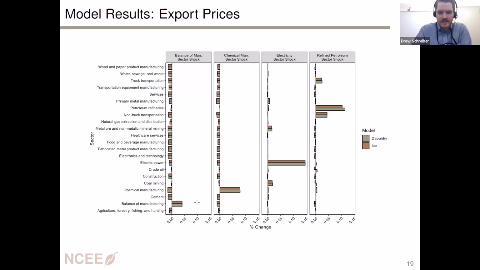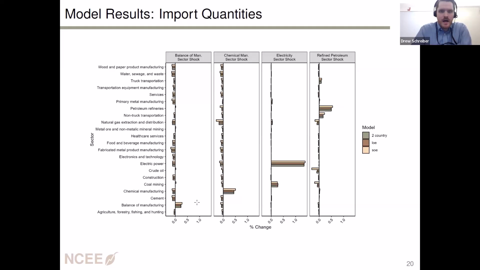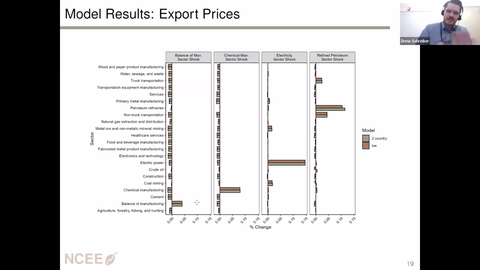But again, the price responsiveness in the export market is very, very similar. I should also note quickly that in these price plots, there's no SOE because the prices don't change.